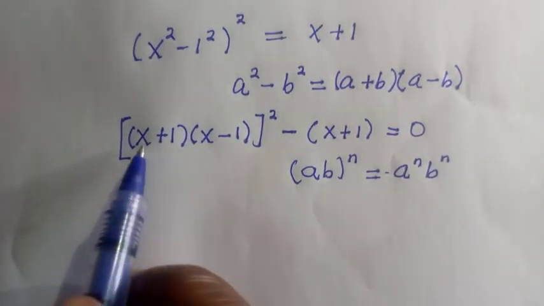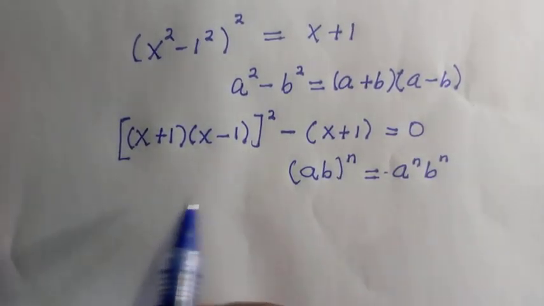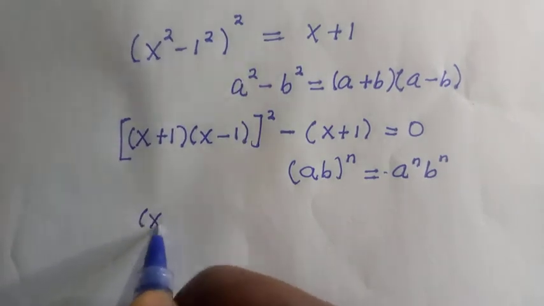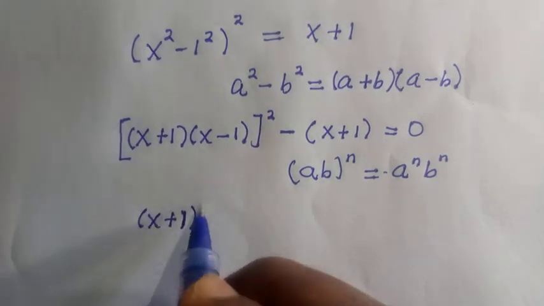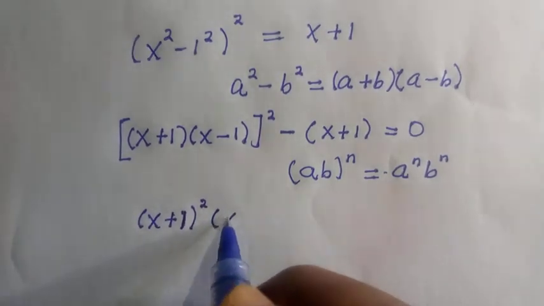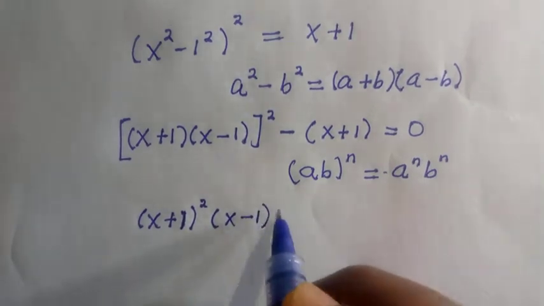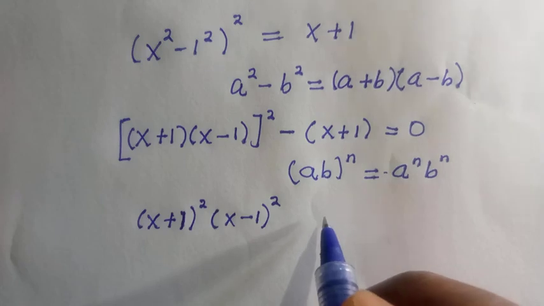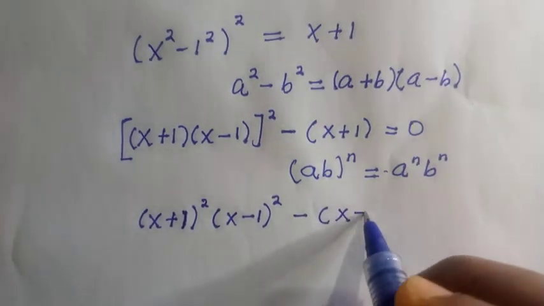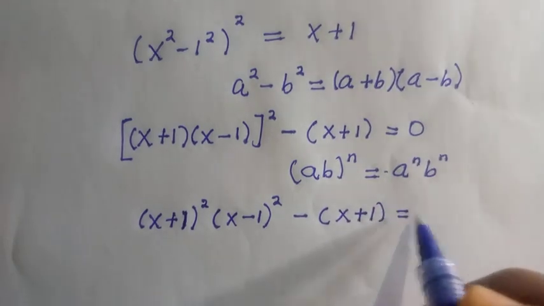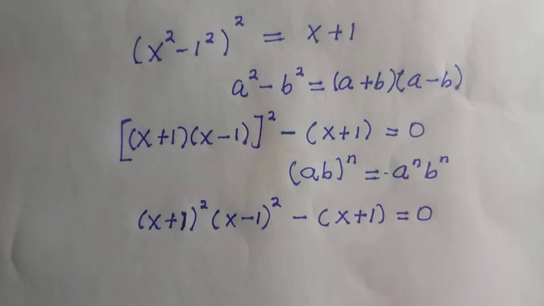Then we apply it, that is, x plus 1 we raise to the power of 2 and x minus 1 we also raise to the power of 2. So here is (x plus 1)^2 (x minus 1)^2 minus (x plus 1) equals 0.